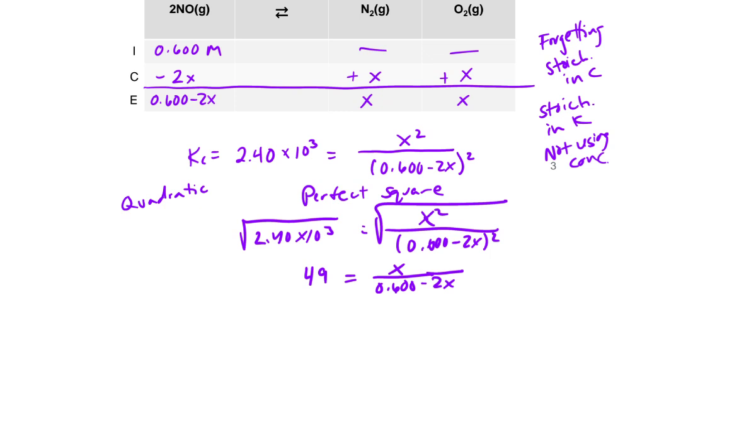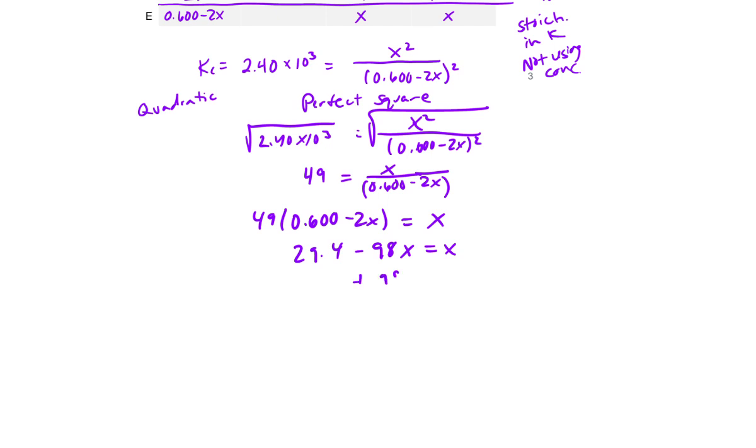Okay, so I took the square root of both sides. Now if I multiply the denominator by 49 to get that on the left side of the equation, we'll have 29.4 minus 98x equals x.